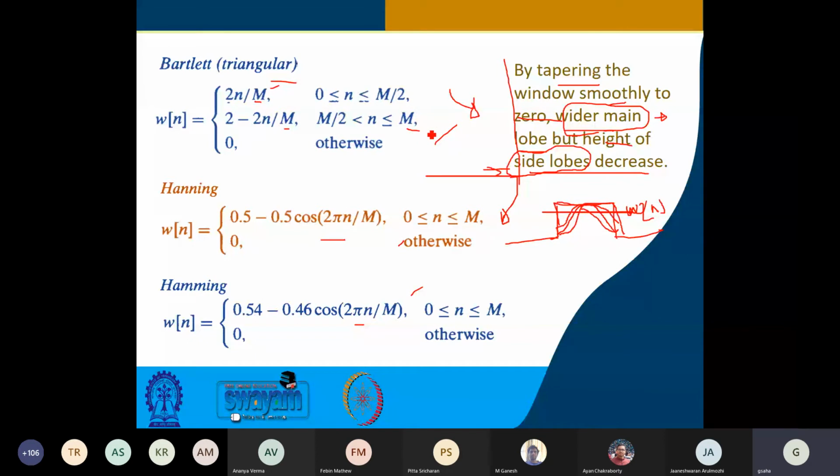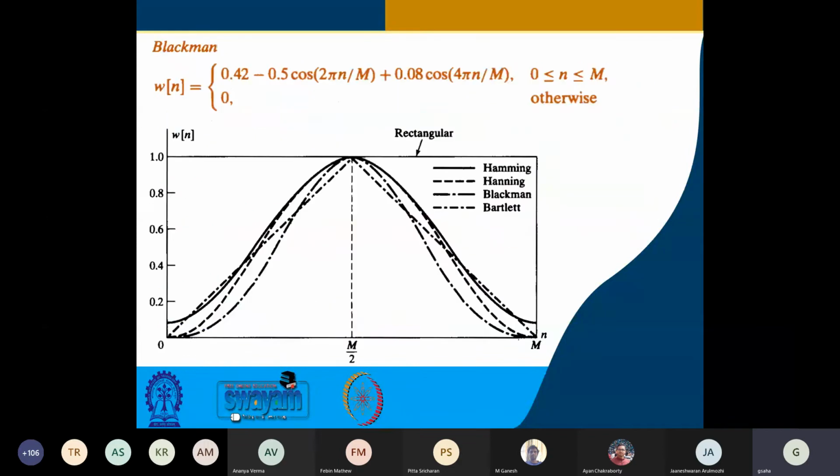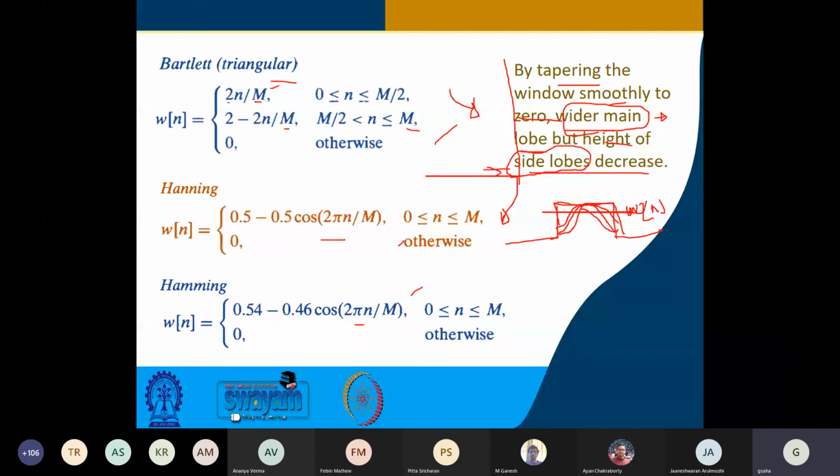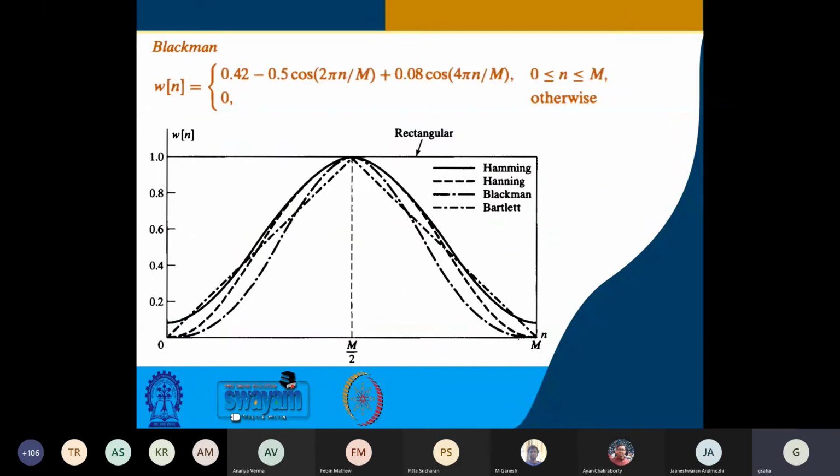And transition width, you can play with M, the filter order. This M will not affect, for a particular window type, the stop band attenuation or height of the side lobe. So Rectangular, Bartlett, Hanning, Hamming, Blackman. These are the different window functions. Okay.